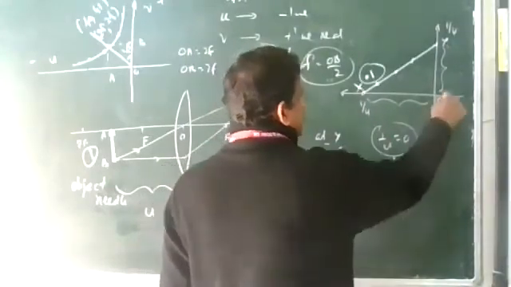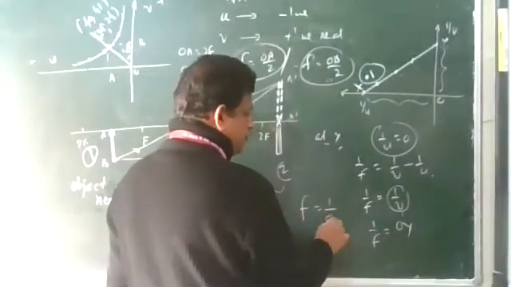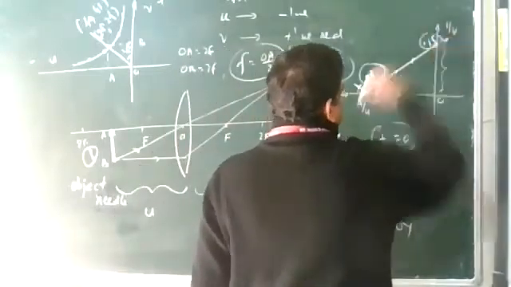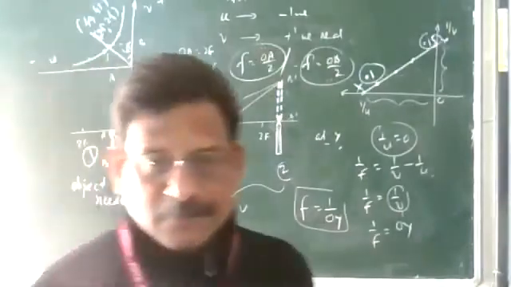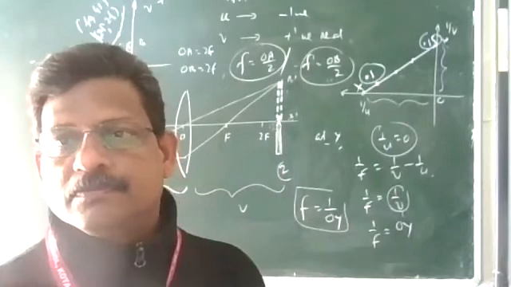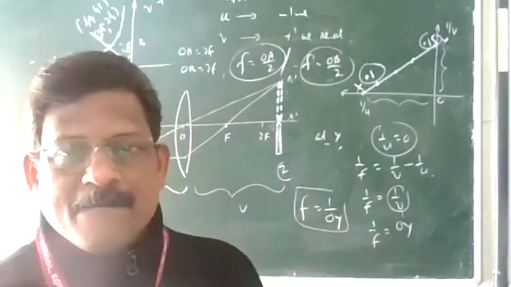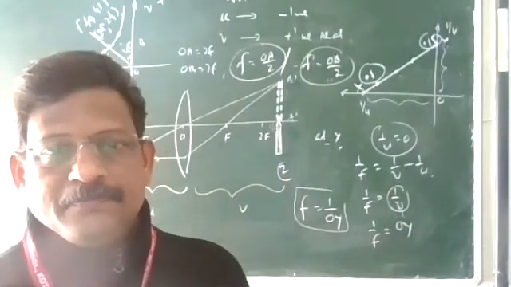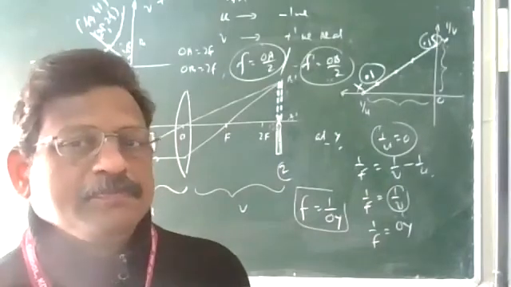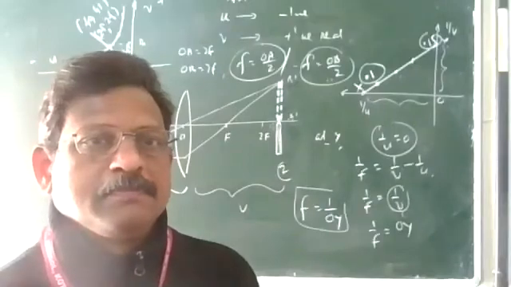F is 1 upon the Y value. Suppose I am giving this value as 0.15. What is the focal length? centimeter.